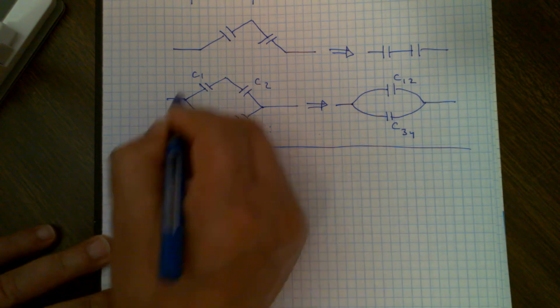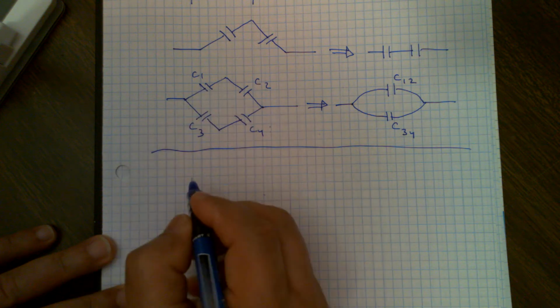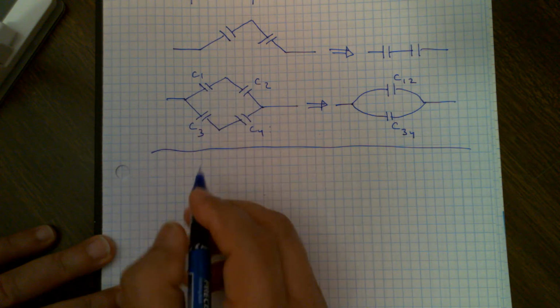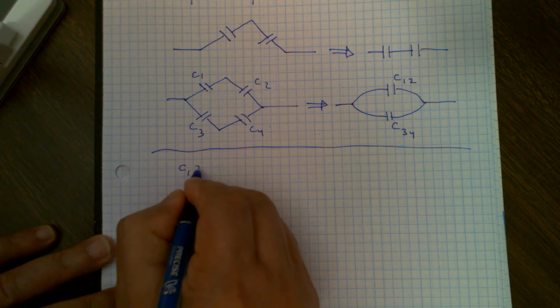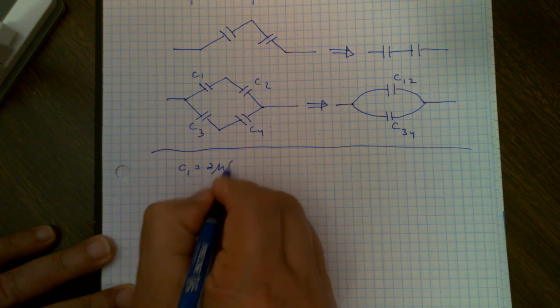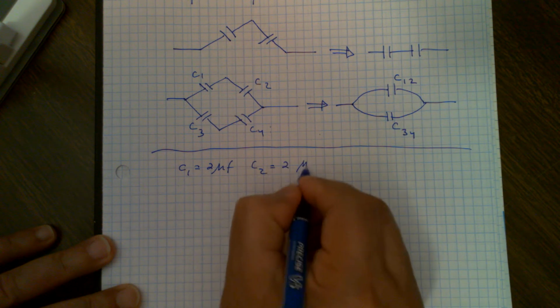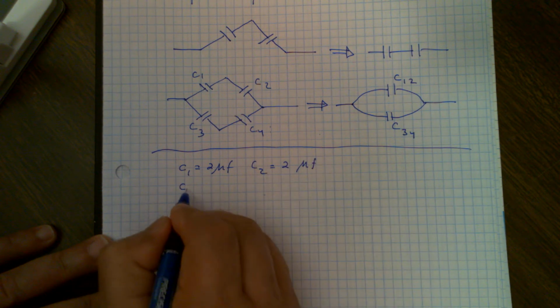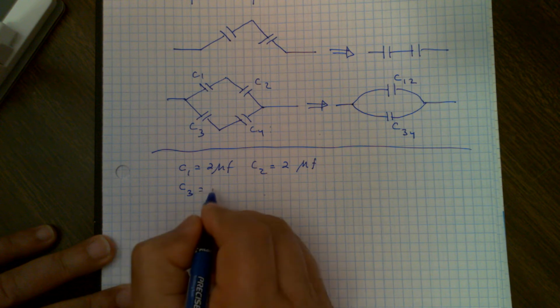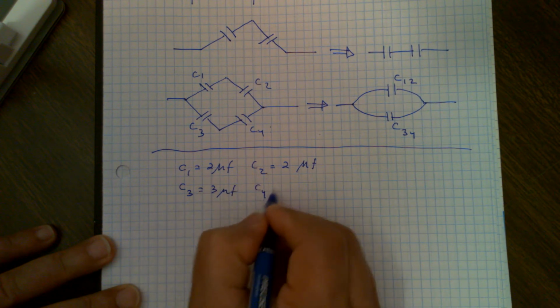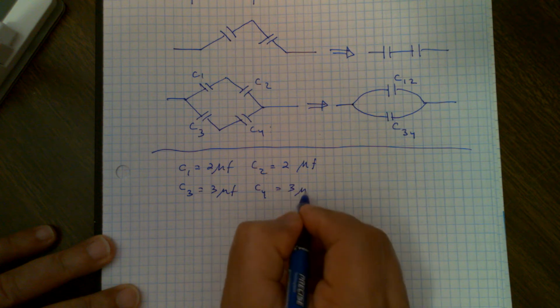Let's suppose in this capacitor arrangement, the odd-shaped picture I have drawn here, C1 is equal to 2 microfarad, C2 is equal to 2 microfarad, and C3 is equal to 3 microfarad, and C4 is also equal to 3 microfarad.